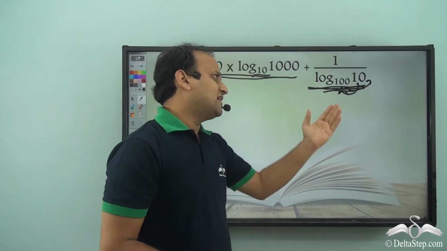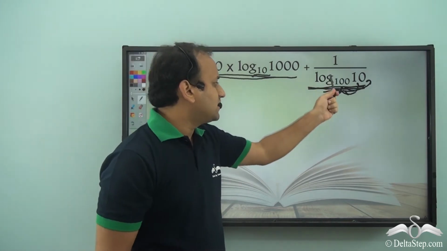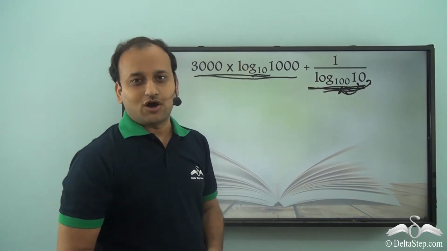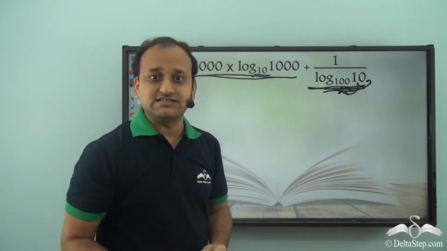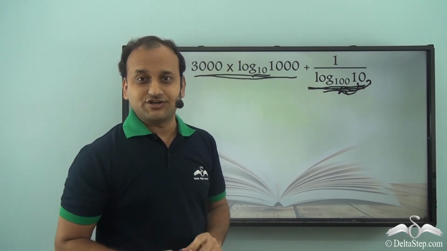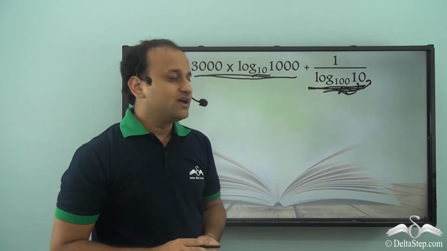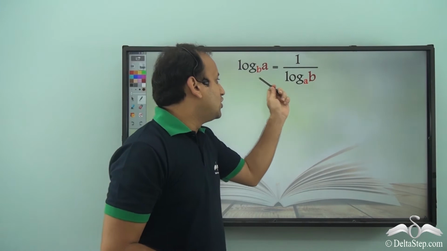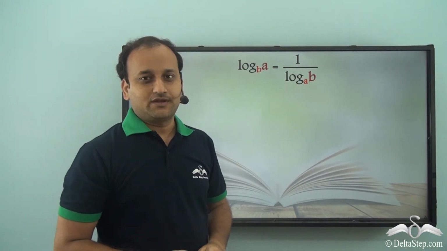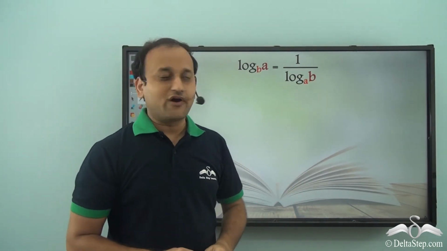Of course, he can apply the change of base theorem, but that will take a lot of steps to solve, and they don't have that much time. So he consulted one of the scientists on the spacecraft, who suggested that he can use the law of reciprocals. Now, what is the law of reciprocal in logarithm?